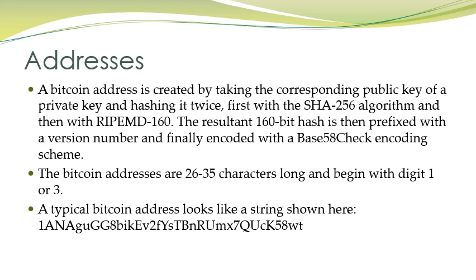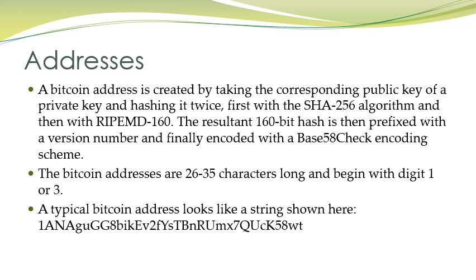The second is RIPEMD-160, which generates a 160-bit hash value. This value is prefixed with the version number, and then it is finally encoded with the Base58Check encoding scheme.